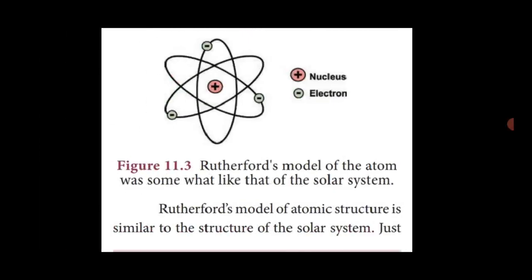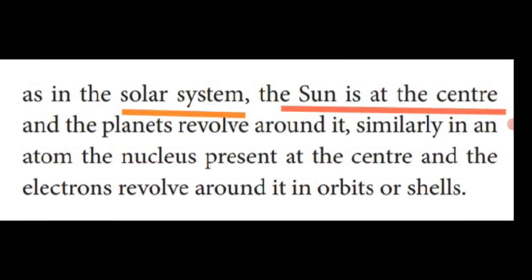The Rutherford model of atomic structure is similar to the structure of the solar system. Just as in the solar system the sun is at the center and planets revolve around it, similarly in an atom the nucleus is present at the center and electrons revolve around it in orbits. An orbit is otherwise called a shell.